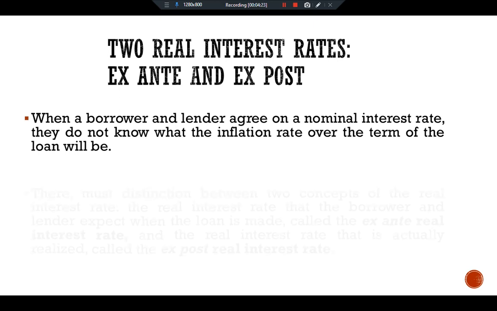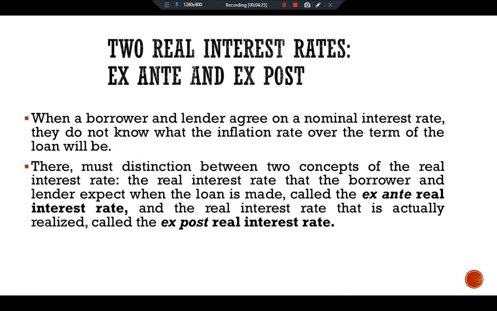So there must be a distinction between the two concepts of real interest rate. The real interest rate that the borrower and the lender expect when the loan is made is called the ex-ante real interest rate, and the real interest rate that is actually realized is called the ex-post real interest rate.